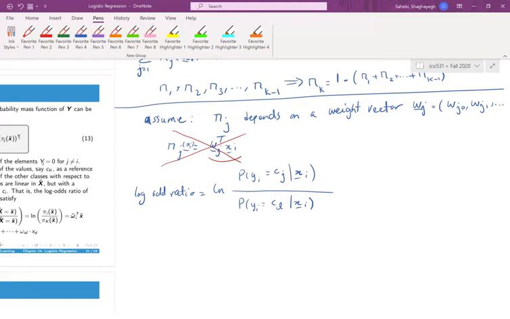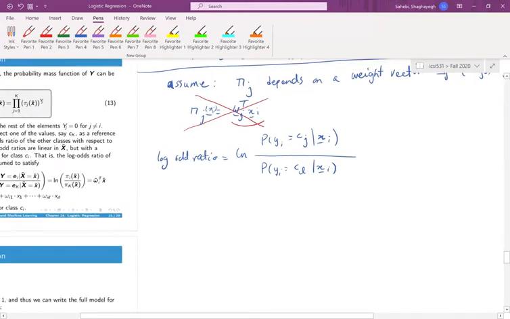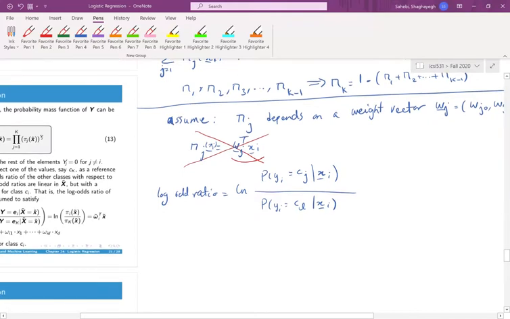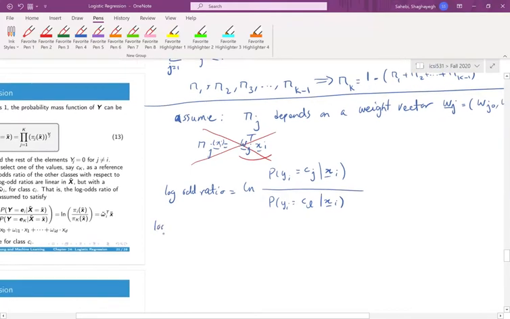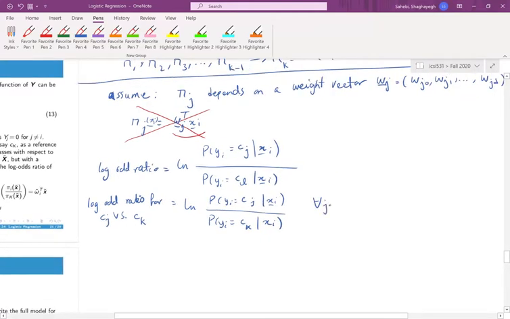So for example, we pick the last class, Ck, and we say the log odds ratio for class Cj with respect to class Ck is ln of P(yi equal to Cj given xi) divided by P(yi equal to Ck given xi), for all j's equal to 1 to k.